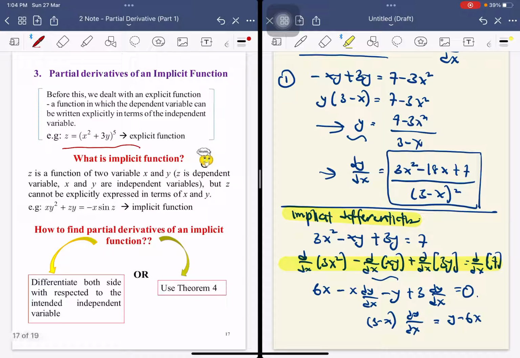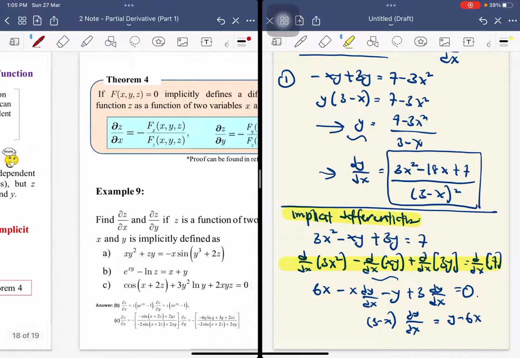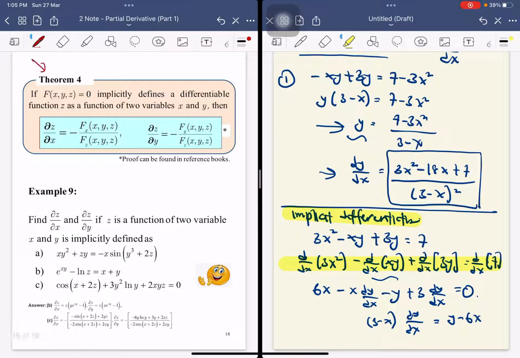But we also introduce one theorem, which we name theorem 4, an alternative way to find the partial derivative of an implicit function. If you ask me, I would say that this theorem is much easier, with less risk in terms of how you differentiate both sides implicitly.